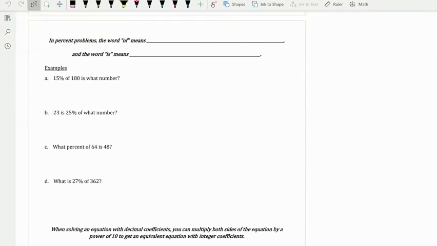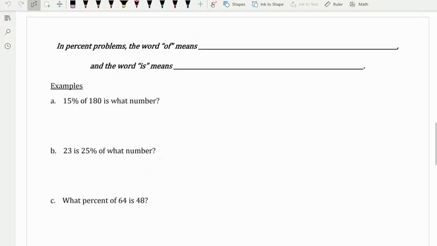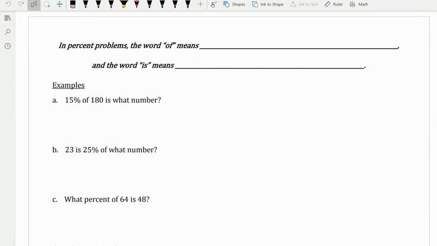And again, we can use proportions to do a lot of this. I know that some of you might have your own methods of doing this, and that is totally fine with me. Just make sure on your homework or on a test that you are showing me the work that you're doing so I know how you got your answers, okay? Other than that, if you have another way to do these, that's fine.